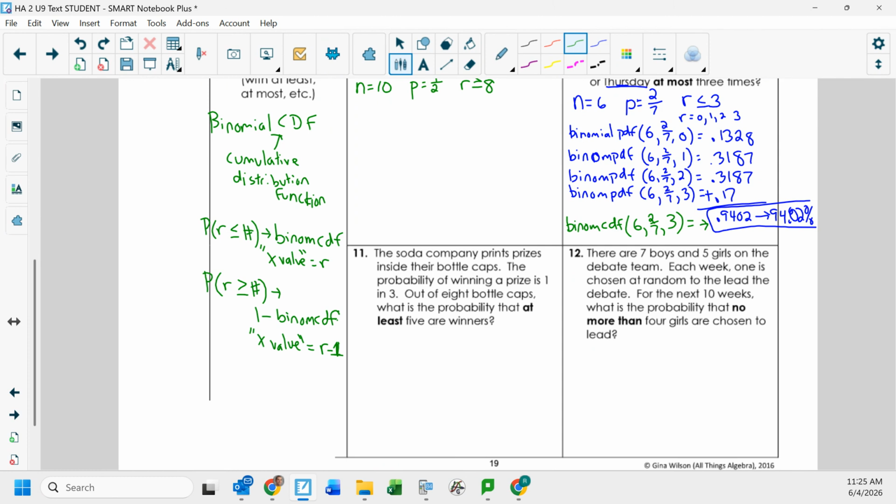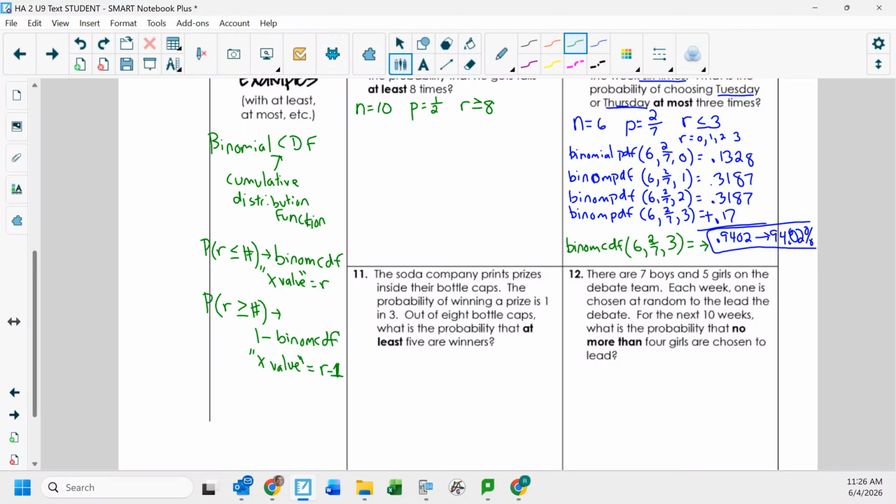So we could get 8, 9, or 10. If we did an R of 10 and 1 minus that R of 8, then our CDF counts the 8, and when we do 1 minus it, we would not be counting 8 in our answer. So like I said here, if we want greater than or equal to, we do 1 minus our CDF, and our X that we're typing in is always going to be the R value minus 1.